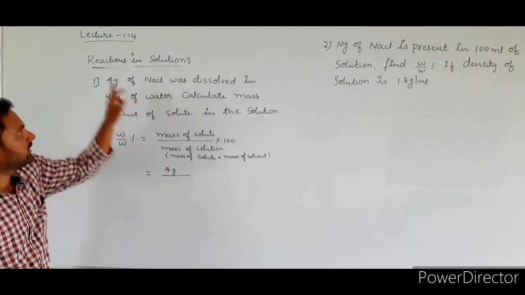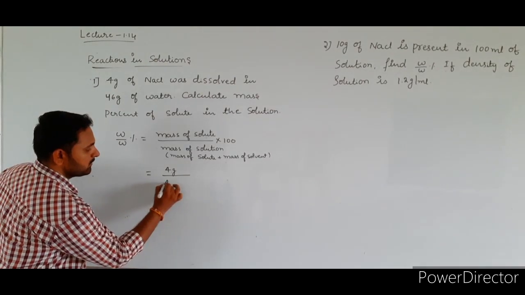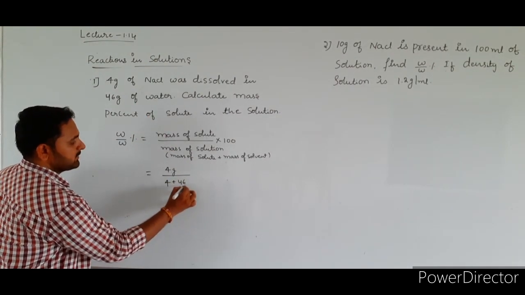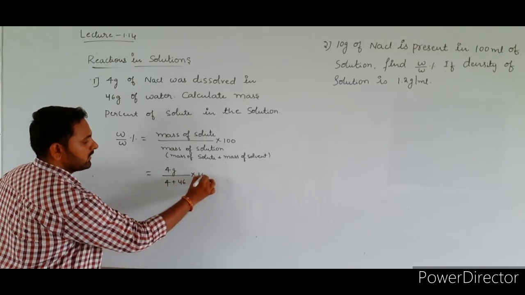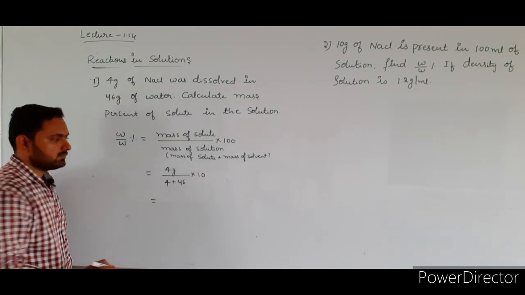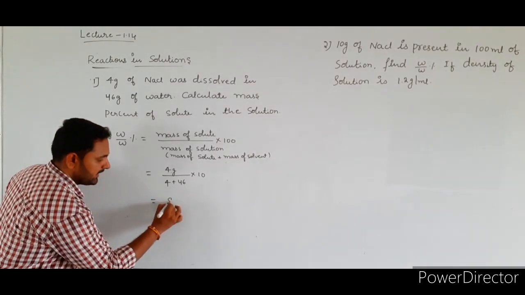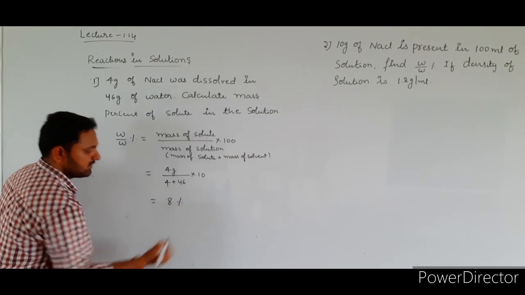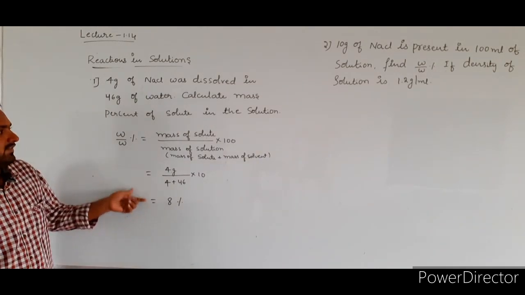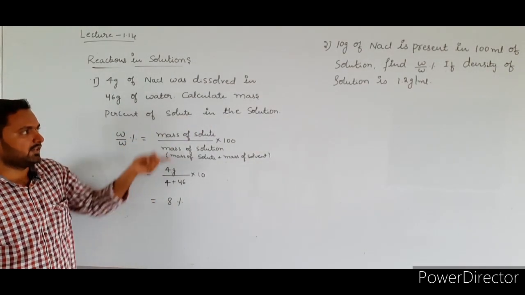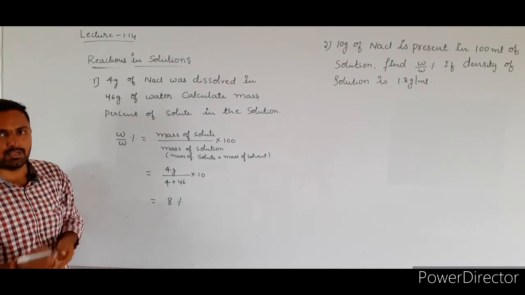The mass of solute is 4 grams plus the mass of solvent, 46 grams, into 100. Now you calculate. After calculation, you will get 8%. This is the mass percent of solute in the solution.